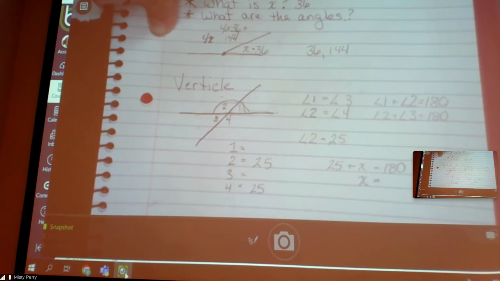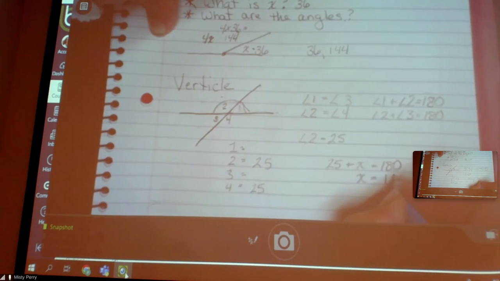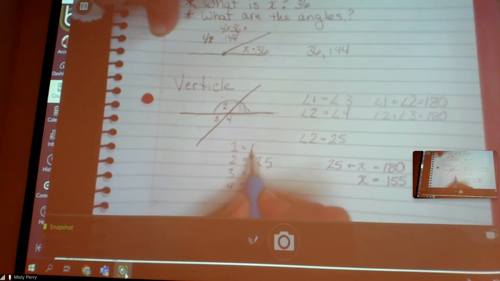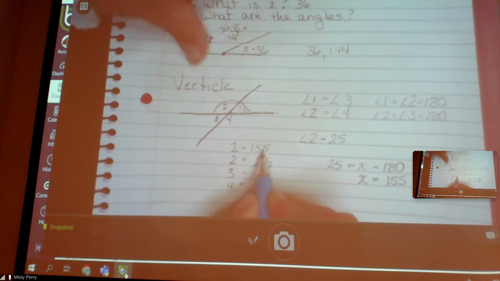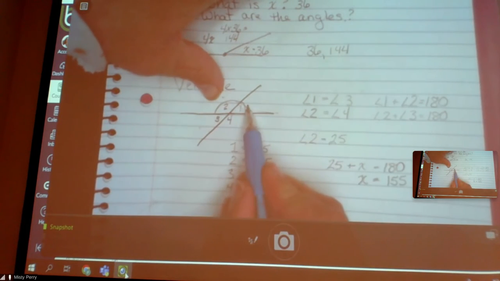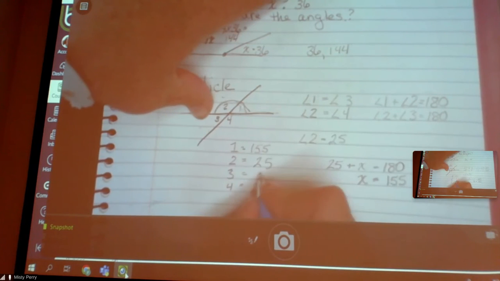When I subtract, I get 155. So I know angle 1 is 155. And because 1 is equal to 3, 3 is going to be 155.